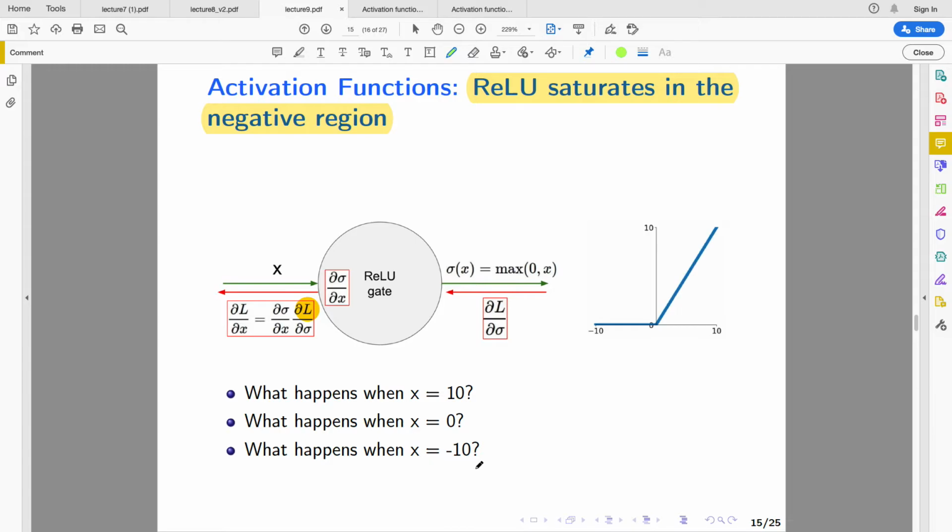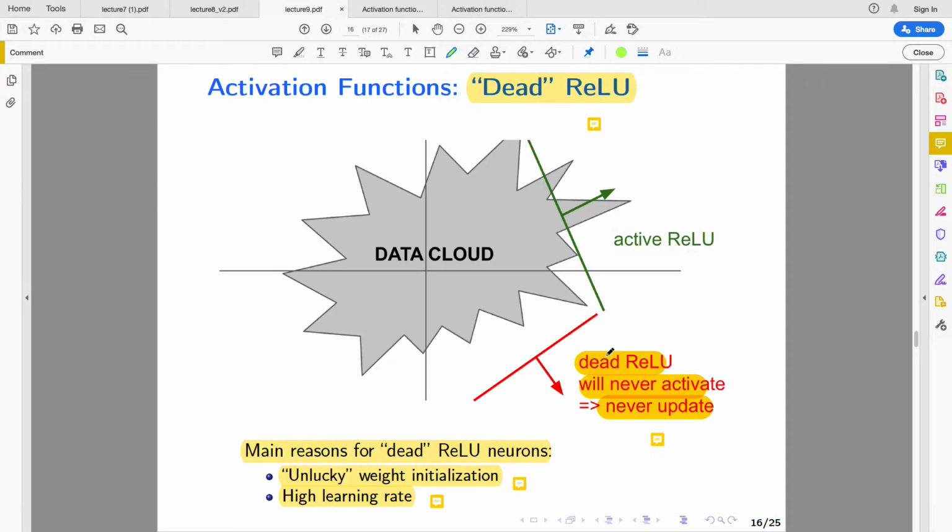And when x is minus 10, the result of your differentiation will be equal to 0. That's the saturation. So the ReLU is active in the positive region, and a dead ReLU will never activate, never update. The main reasons for dead ReLU neurons are unlikely weight initialization, or a high learning rate.